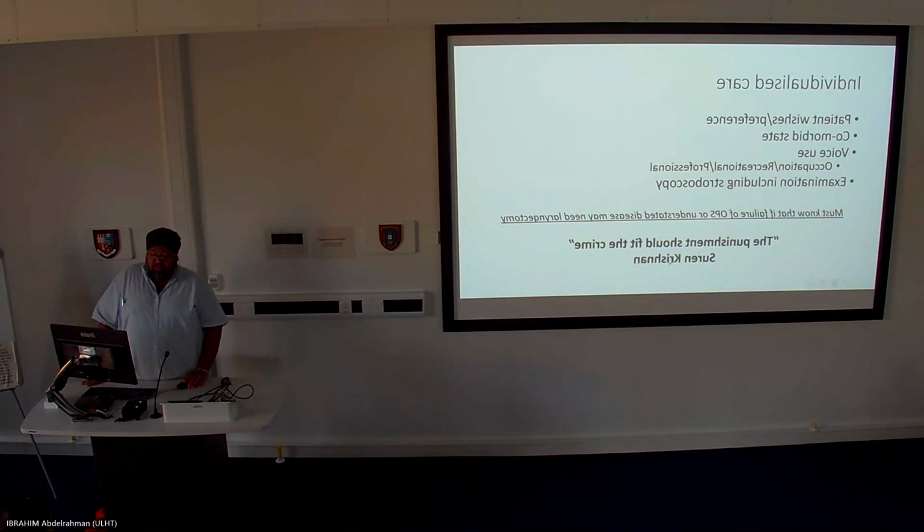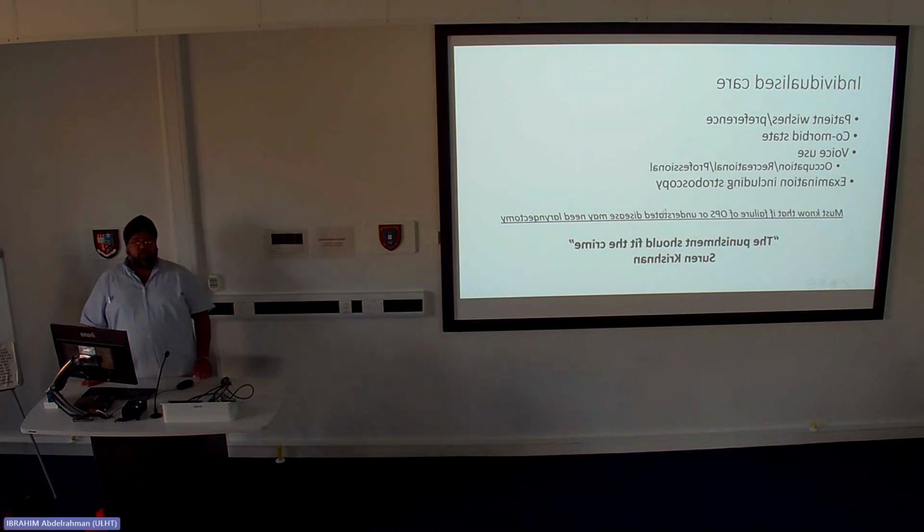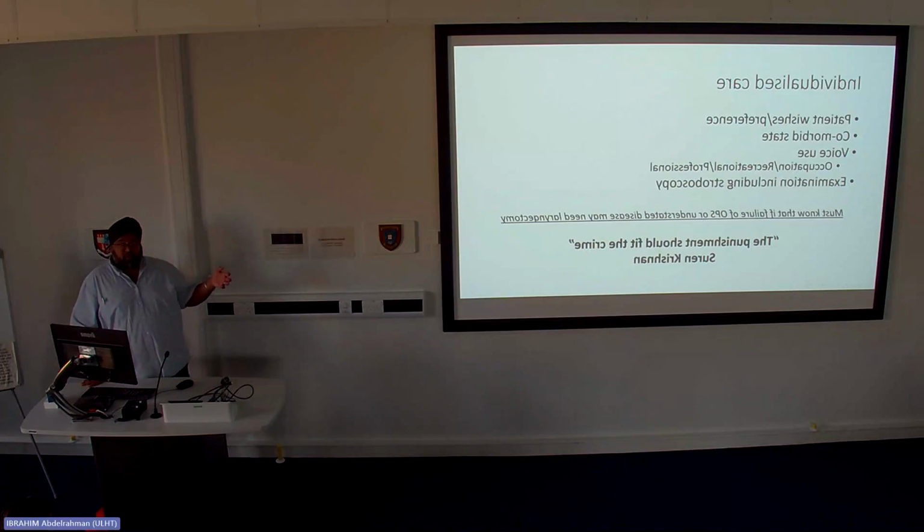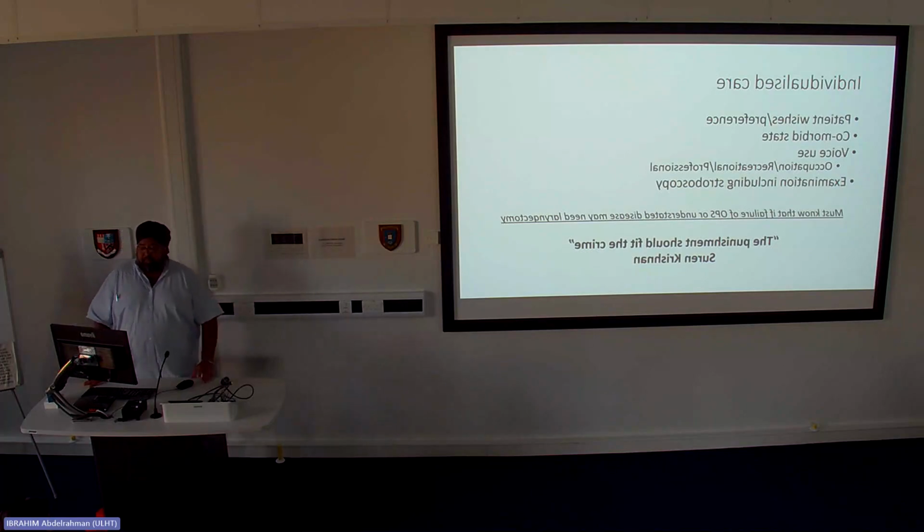Here comes the line of the punishment should fit the crime. You need to have a buy-in that if somebody's going under transoral laser microsurgery and it fails, yes, you may have the choice of radiotherapy, but if you eventually keep on failing, you may need a laryngectomy. Some people do laryngectomies for T3 larynxes, and their justification is there's organ dysfunction.